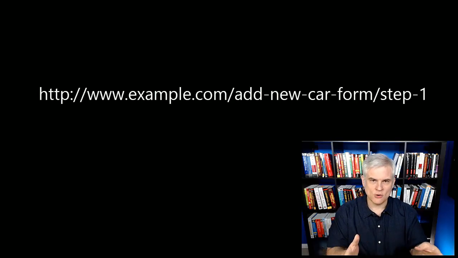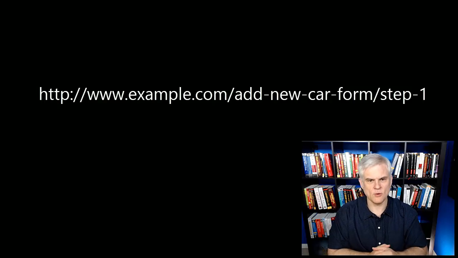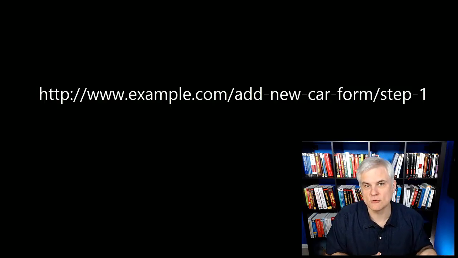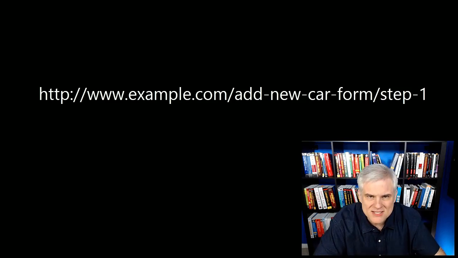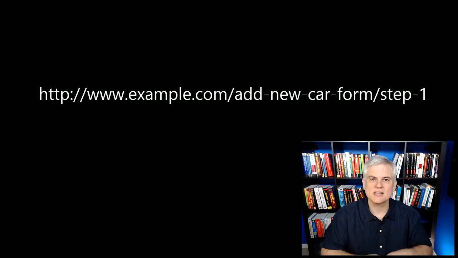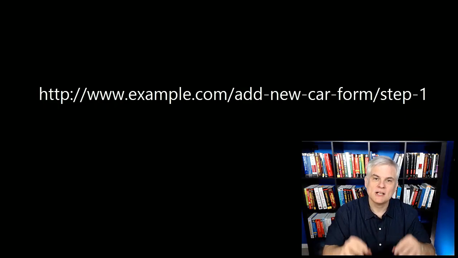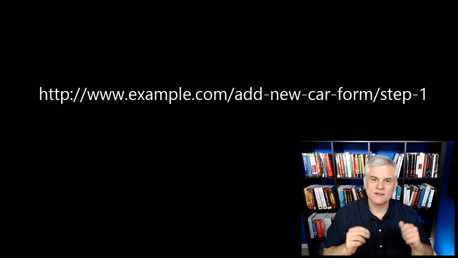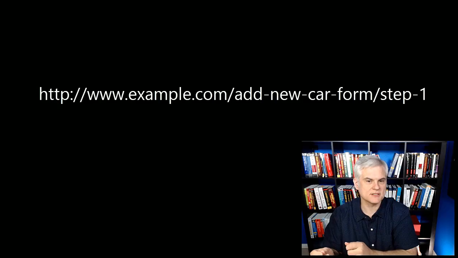So you might see a URL like this, example.com/add-new-car-form/step1. Now that might not be a very good RESTful URL, frankly, because it's more about the steps in the process of a larger system rather than about the entities of the system, like a car, a book, an employee, something along those lines. Okay.